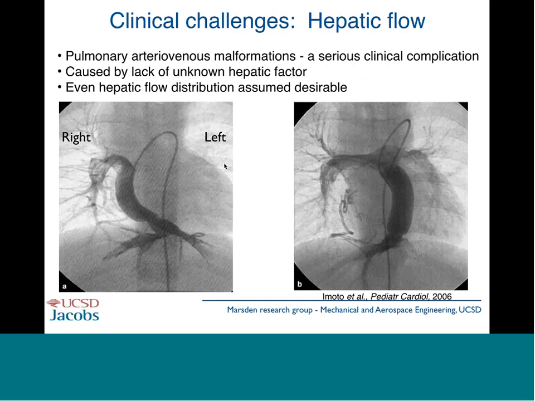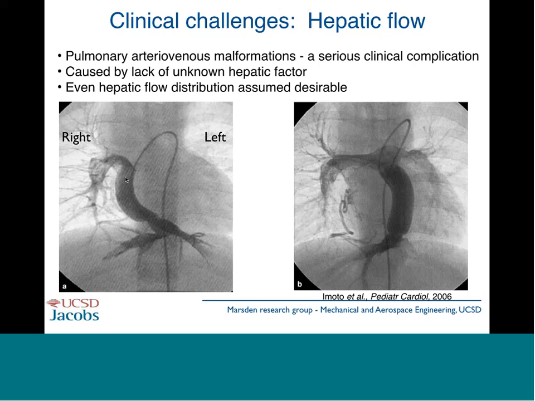One of the clinical challenges faced with these patients is something called pulmonary arteriovenous malformations. This is a relatively serious clinical complication, and it's caused by the lack of a yet unknown hepatic factor. This is a factor that's coming from the liver and is delivered to the lungs via the IVC pathway, the inflow from the lower body portion of the Fontan junction.